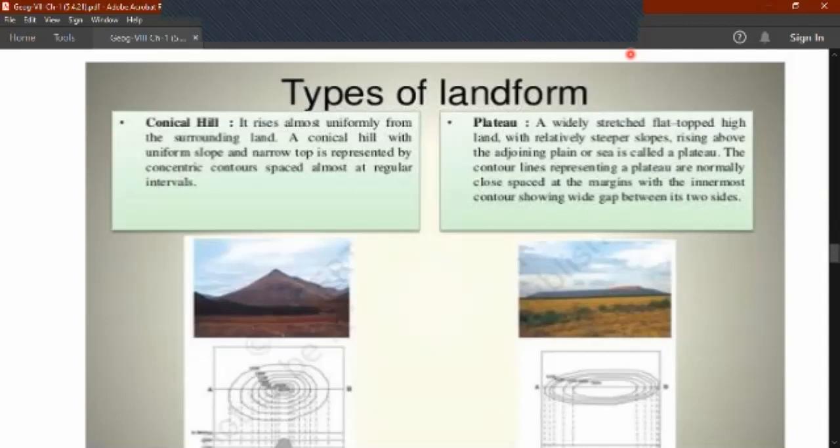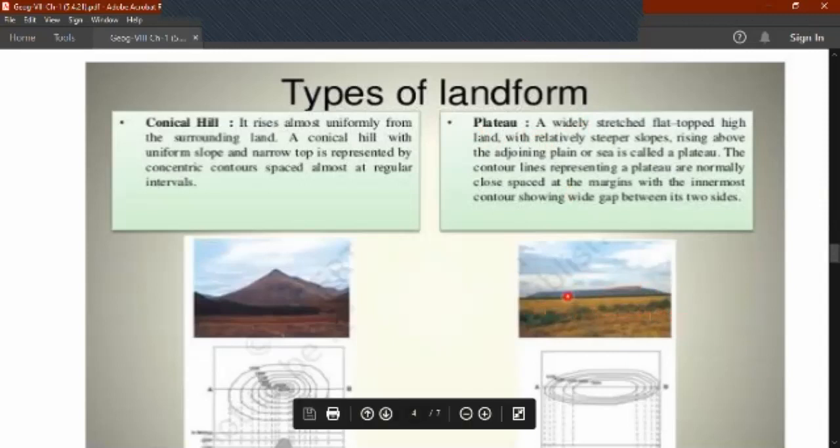Now let us discuss the types of landforms. The first landform we are going to take is a plateau. A plateau is an uplifted piece of flat land with slopes on all the sides.